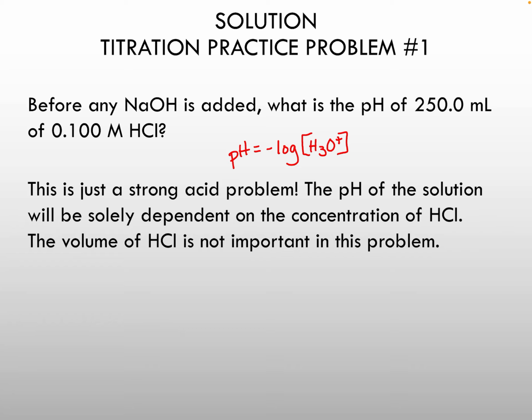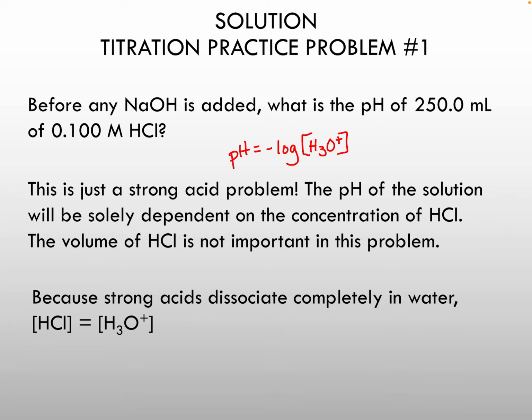So we just need concentration, we don't need volume at all. So remember, strong acids dissociate completely in water, so this molarity of our hydrochloric acid, we can use that as the molarity of our hydronium ion. So we just take the negative log of that value, and that gets us our pH.